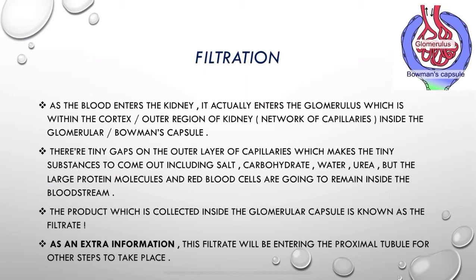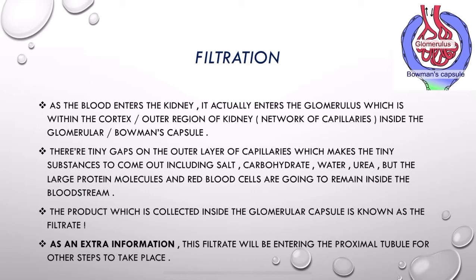It's only for extra information that as the blood enters the kidney, it actually enters directly inside the glomerulus, which is a network of capillaries. Plenty of capillaries are there inside the glomerular, or in other words, Bowman's capsule. So the glomerulus is surrounded inside the glomerular capsule.